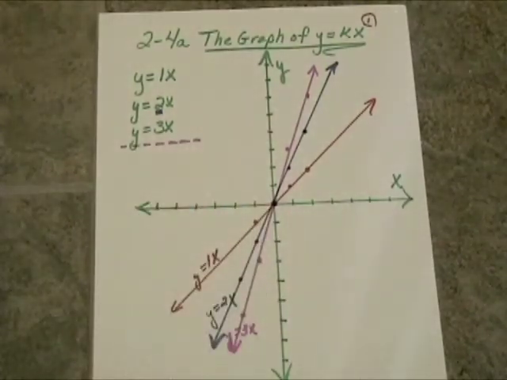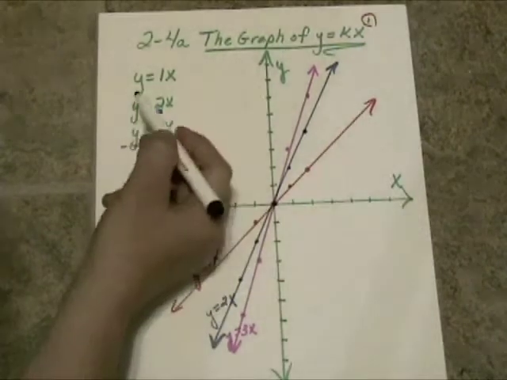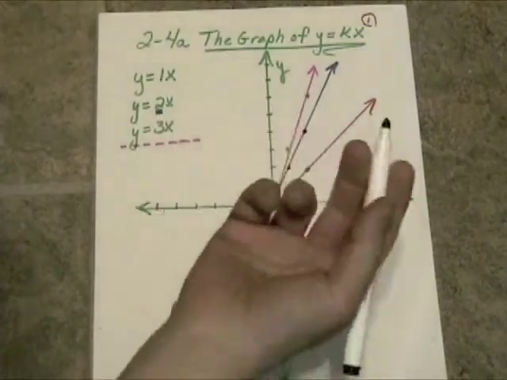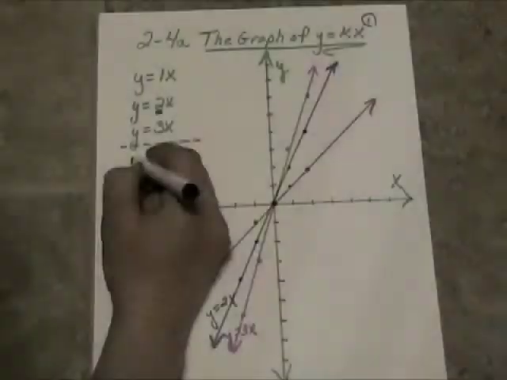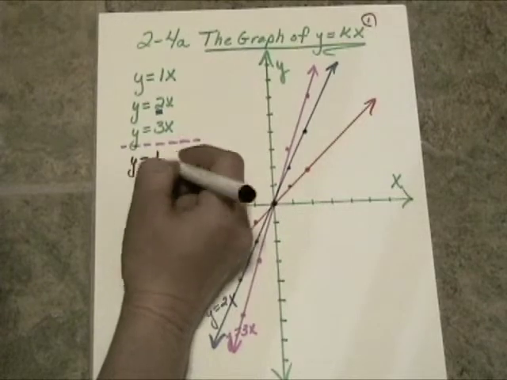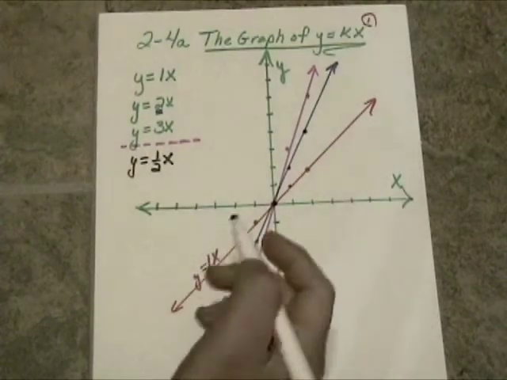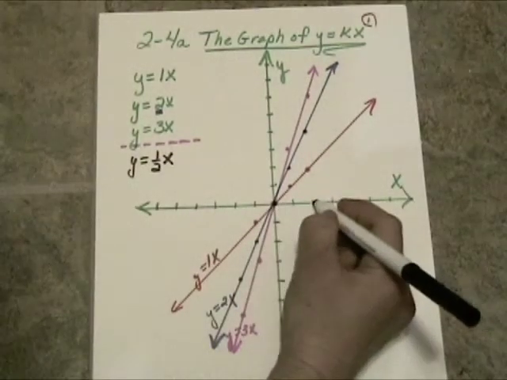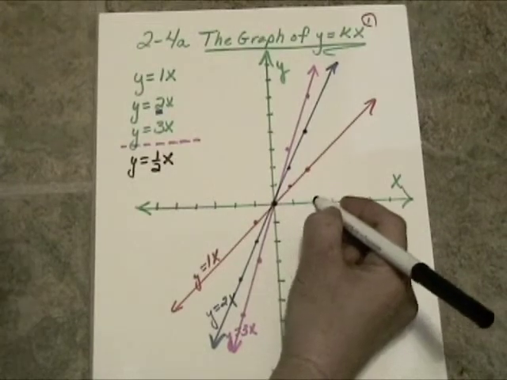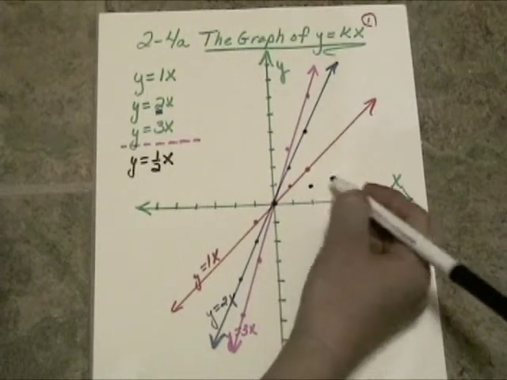Alright, now let's see what would happen if we put a smaller constant of variation in. What if we pick a number smaller than 1, like a fraction? Let's pick an easy one: how about y equals 1/2 x? If x is 2, half of 2 is 1, so we would have a point right here.